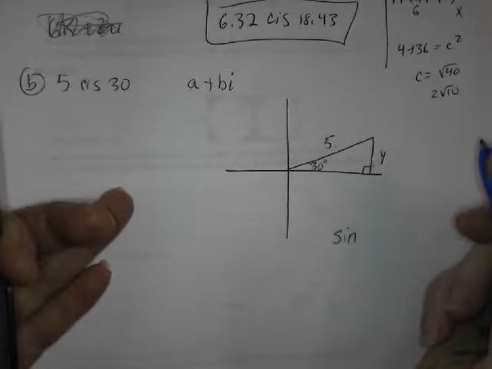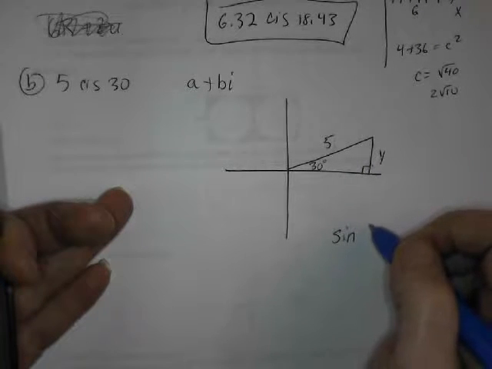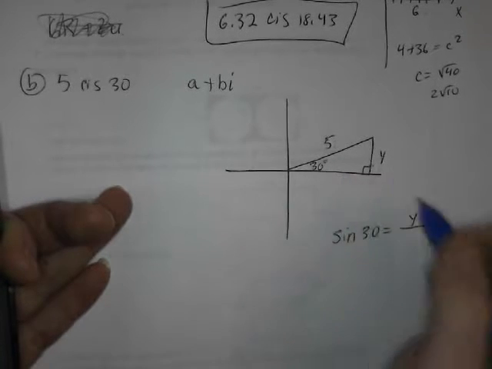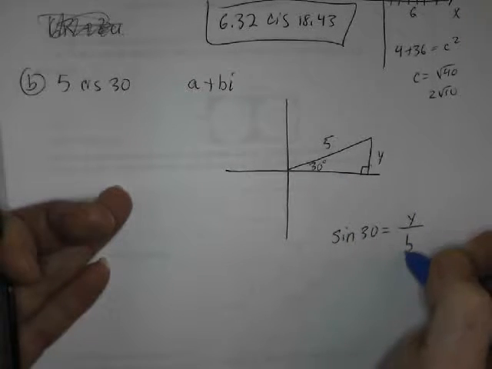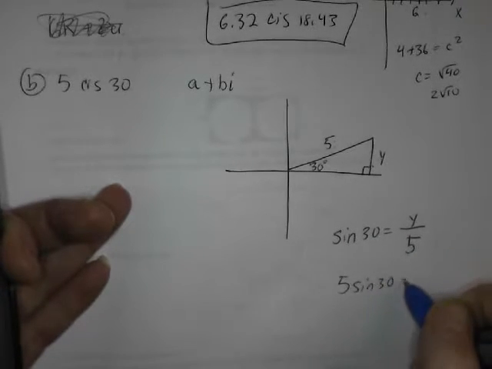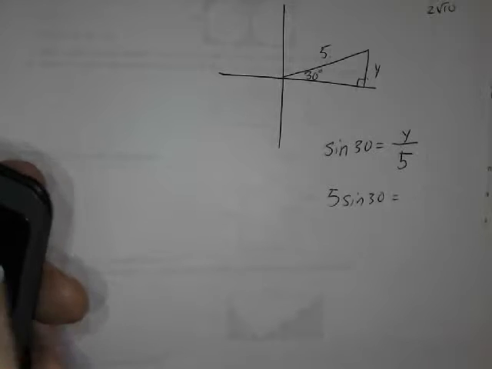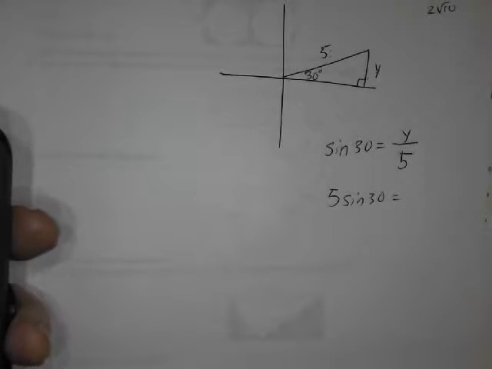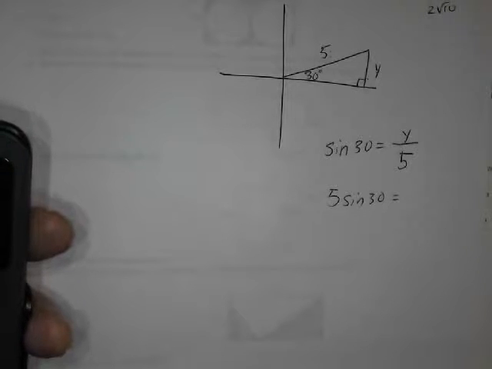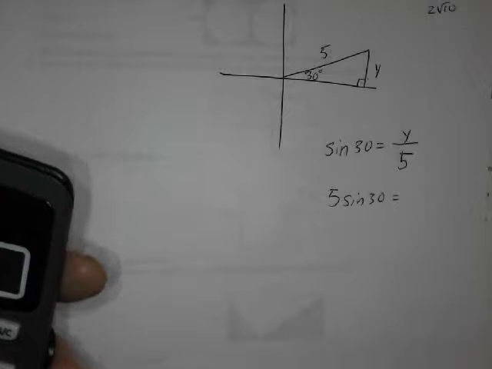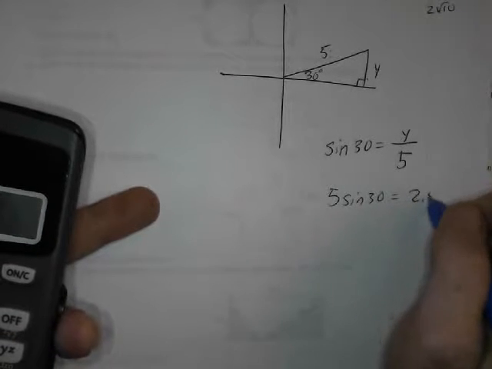Sine of 30 equals opposite over hypotenuse. So 5 sine 30 gives me my y-coordinate. I think this calculator wants me to go 30 and then push sine. And then times 5. So that gives me about 2.5.